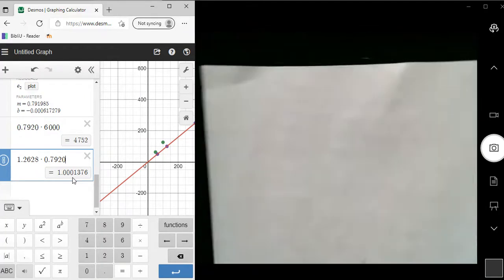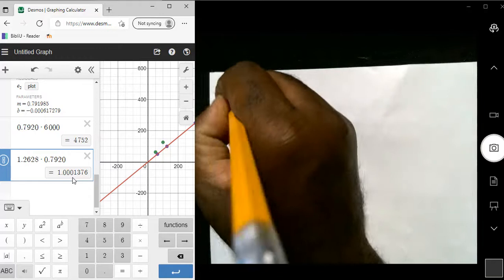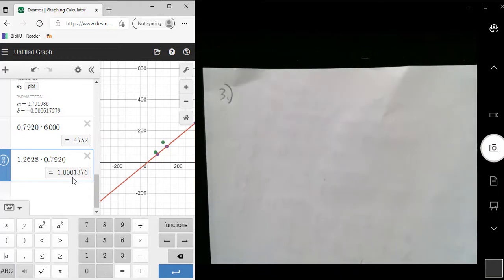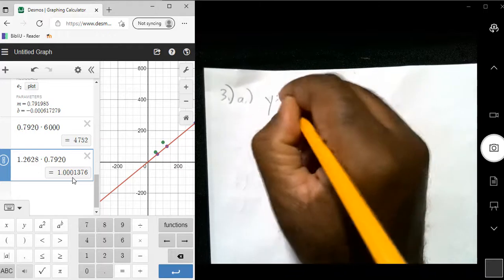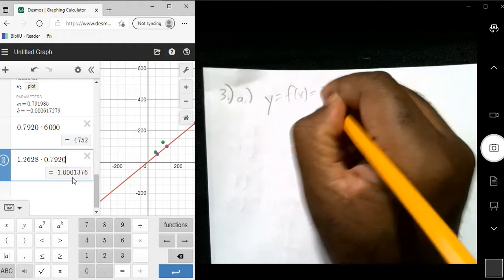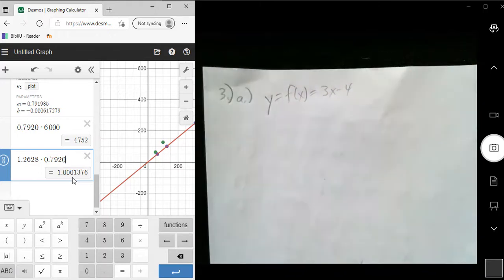All right, so number 3, and this is on page 249. We have 3a. We have y is equal to f of x is equal to 3x minus 4. It says determine the equation of the inverse of the given function. So they want us to write an inverse here.